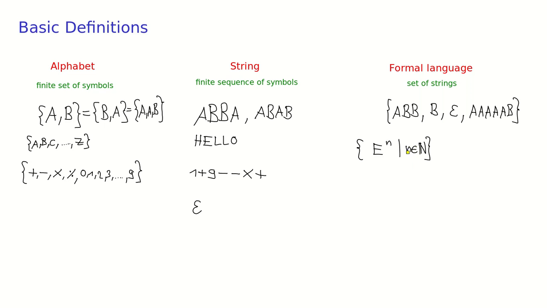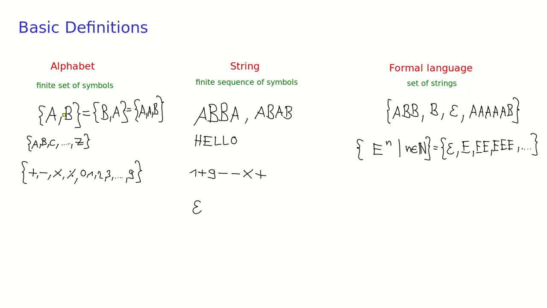So the condition is n is a natural number, a positive integer, or including 0 maybe. So this could be written as, well, e^0 should be the empty word, and then e, ee, eee, and so on. So words that consist only of e's. Every single word inside here consists of a finite number of e's, but there are infinitely many words inside this language.